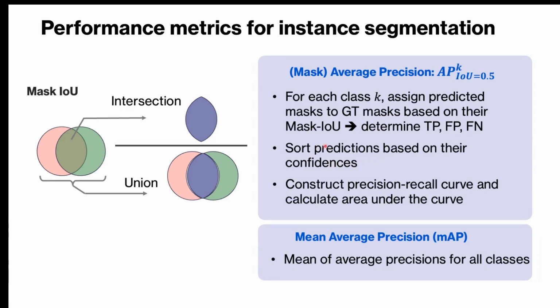Then we sort predictions based on their confidences and construct the precision recall curve as we did before for object detection, and then we calculate the area under the curve. So that would determine the average precision for class K based on this IOU threshold. In addition, we also have the mean average precision, which is essentially the mean of average precisions for all classes.